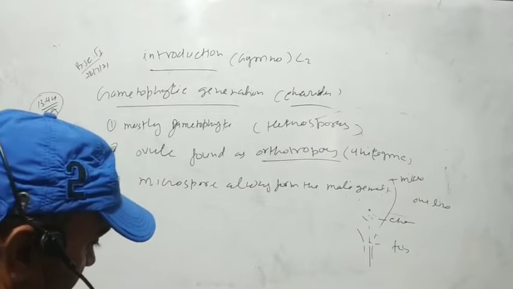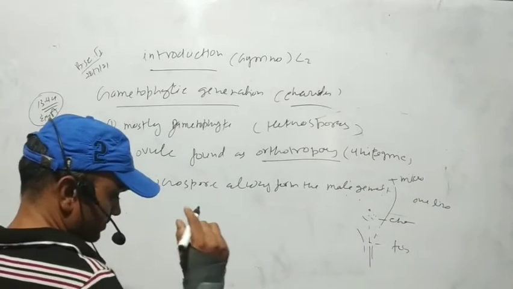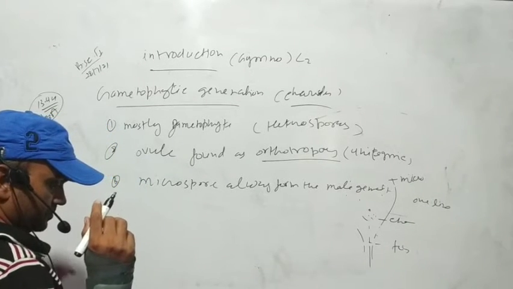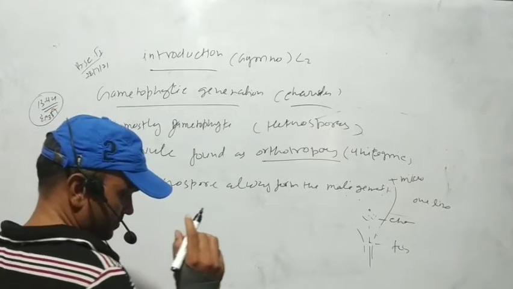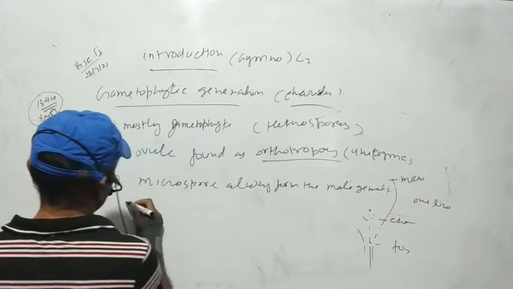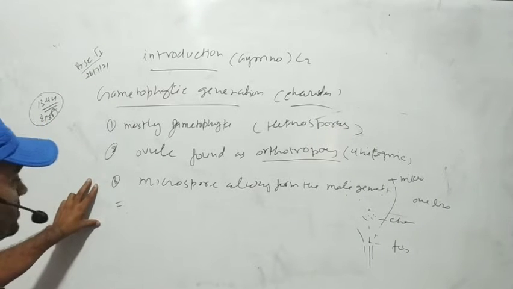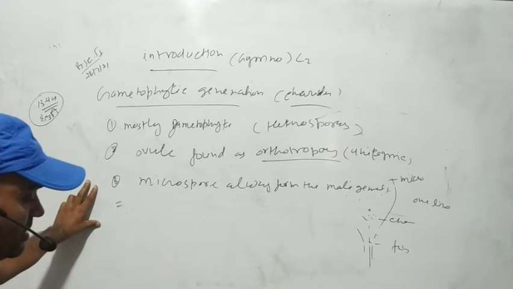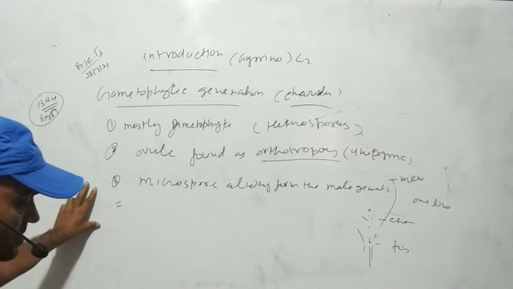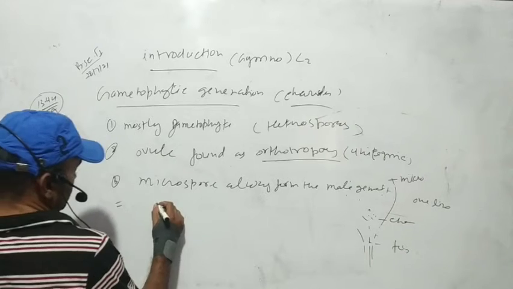Next one, here the special character which differentiates it from others: prothallial cell, tube cell and stalk cell.